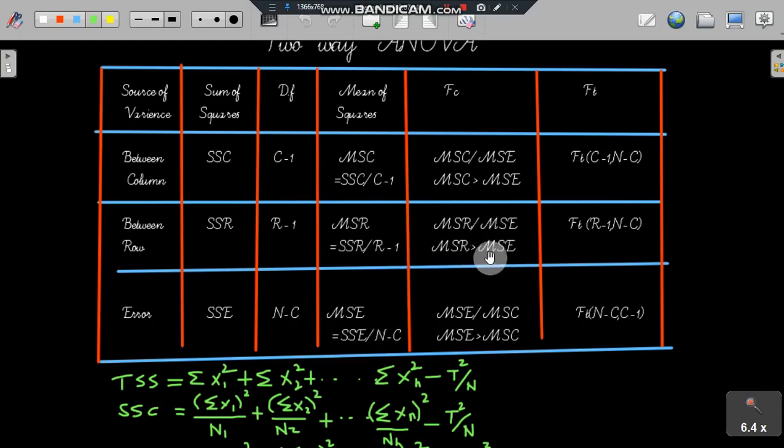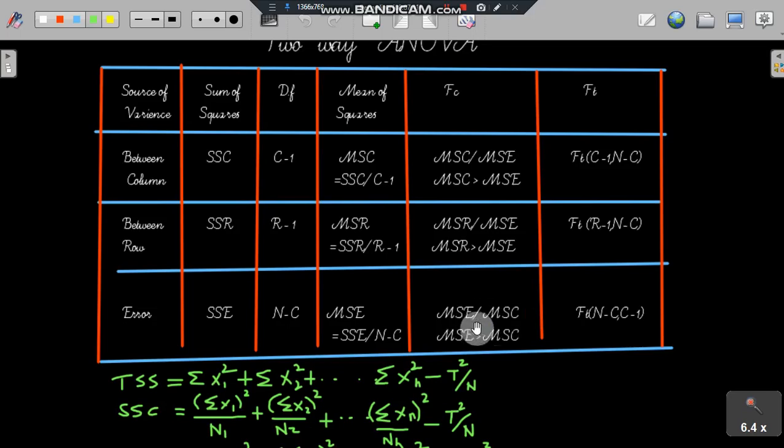The other choice is also there: MSC may be greater than MSR. In that case, you have to write MSC divided by MSR. That's what we have to understand.